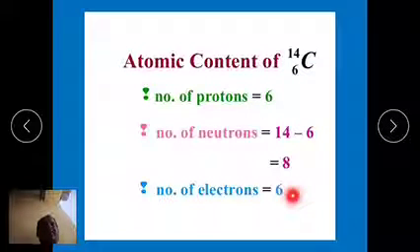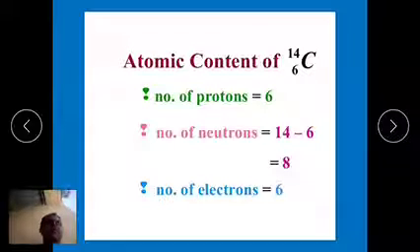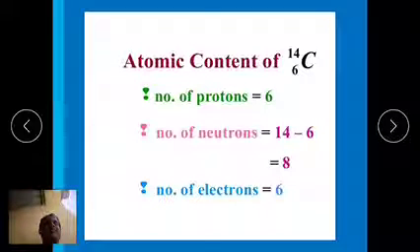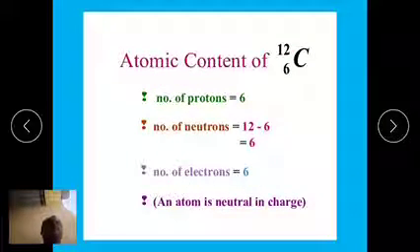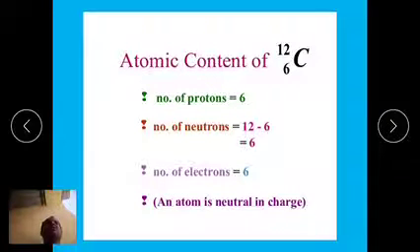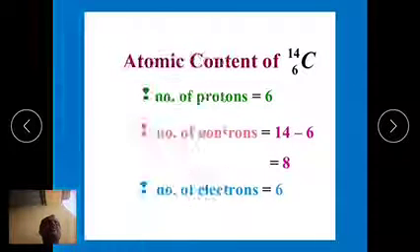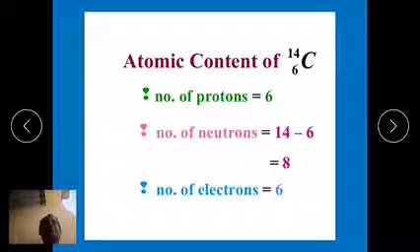The number of electrons in this C-14 atom is 6. It is an isotope of the carbon atom. C-12 is also one of the carbon atoms. Both have the same atomic number but differ in mass number. Then these are called isotopes.